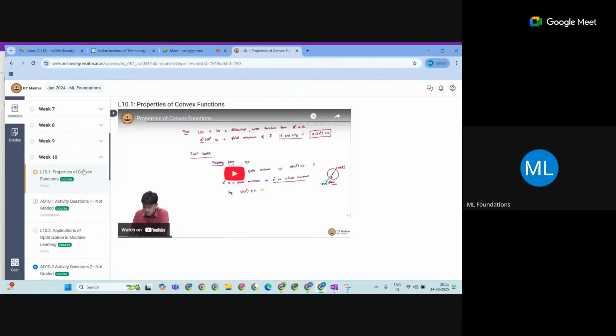And what is a convex set? A convex set is a set where, if you draw a line between 2 points, it lies within the set. This is the rough definition we have seen, and a more concise definition was given in the lecture. So these are the things we first saw for convex sets, and then we saw convex functions.